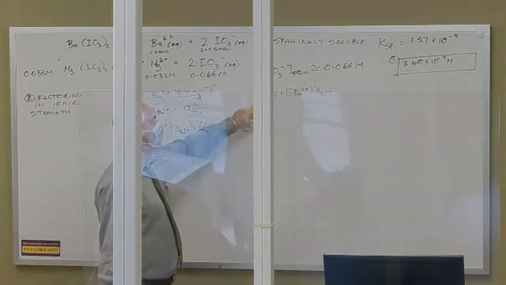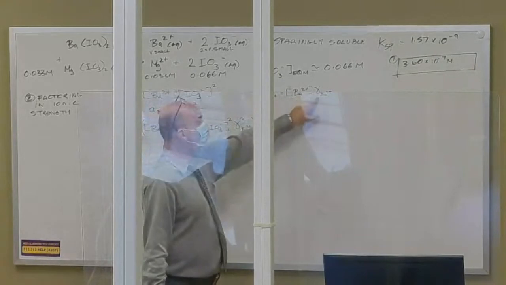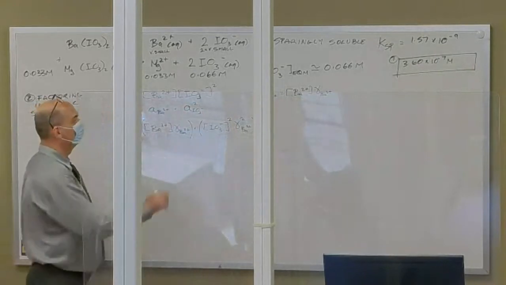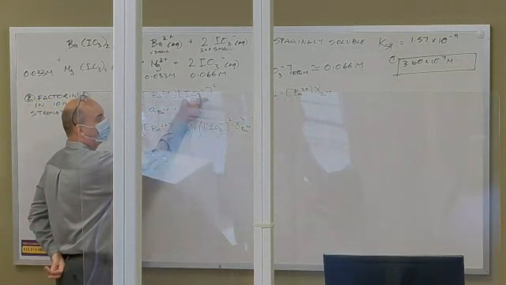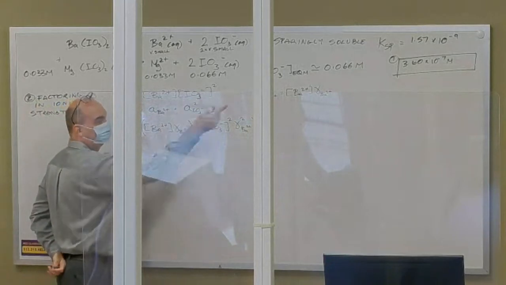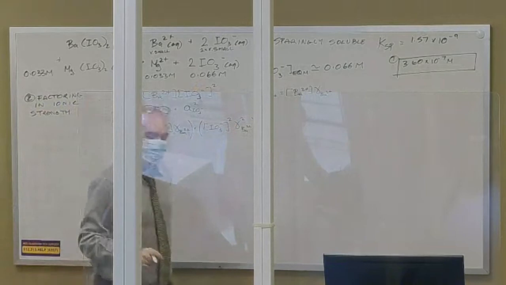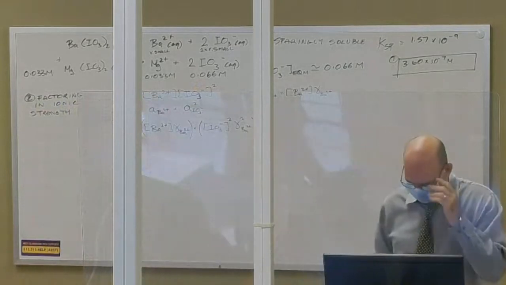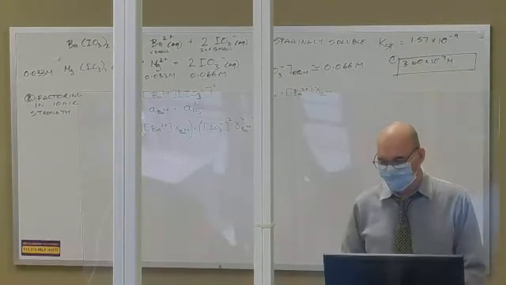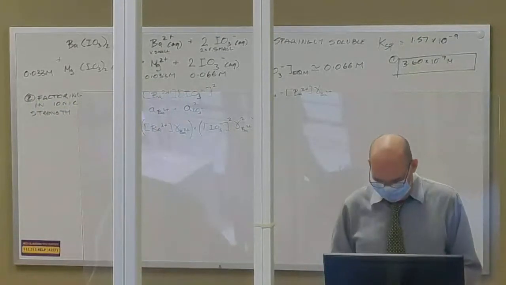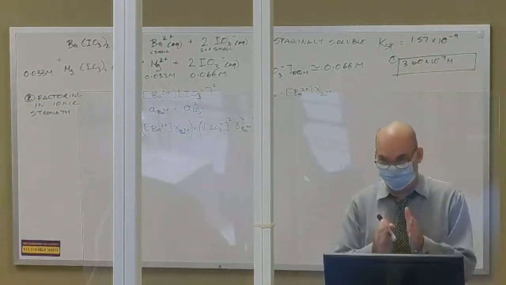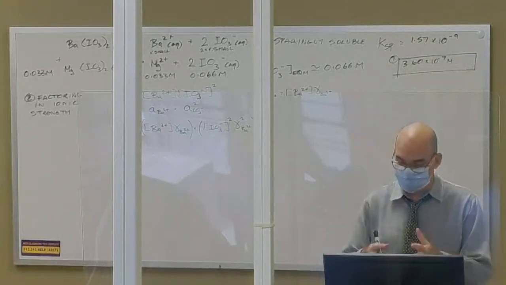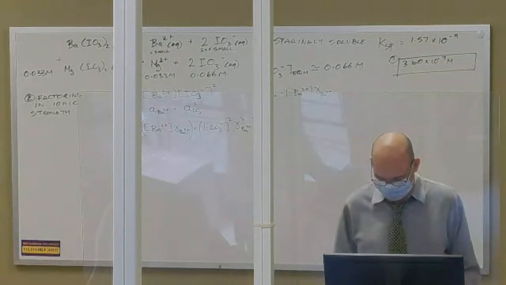If the activity is this times that, then when I square the concentration, I square both. So if I square activity, and activity is concentration times activity coefficient, gamma, then they're both inside the same parentheses.